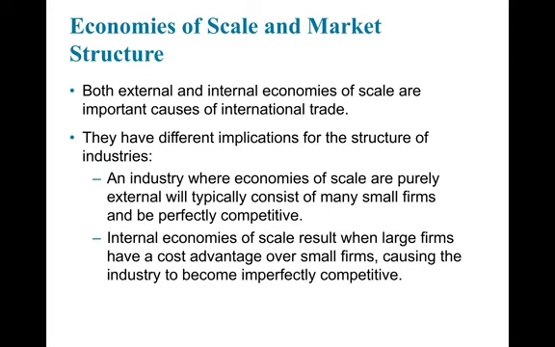Both external and internal economies of scale are important causes of international trade, but the reason to distinguish them is that they have different implications for the structure of industry. An industry where economies of scale are external could consist, and typically will consist, of many small firms and can be perfectly competitive.